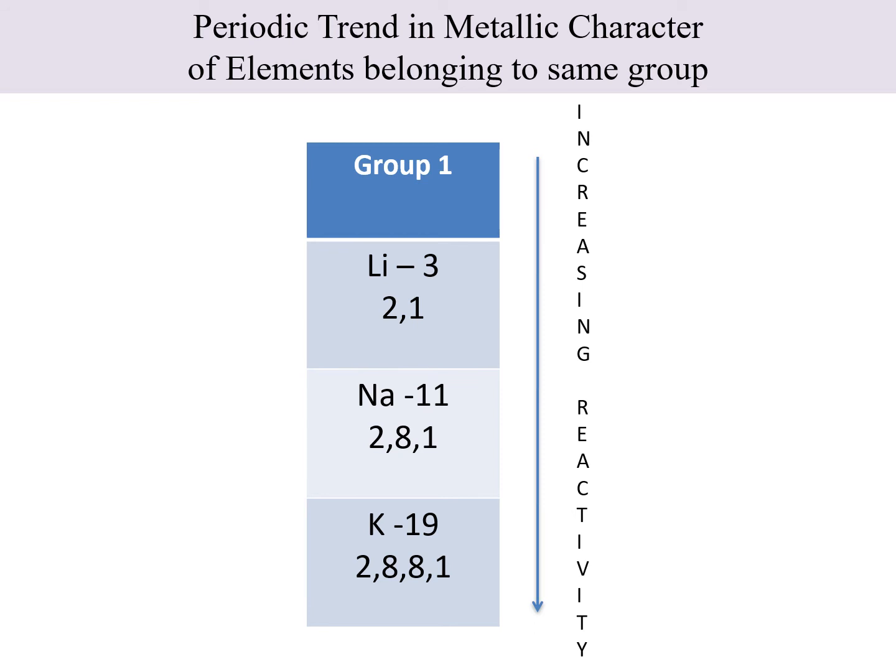Thus, as we move down the group, we find that the metallic character goes on increasing as the electrons are easily lost. We have already studied that metallic character or electropositivity is the tendency of the metals to lose electrons. So here we find that in case of metals, as we move down the group, the metallic character goes on increasing, or we can even say that the reactivity goes on increasing.